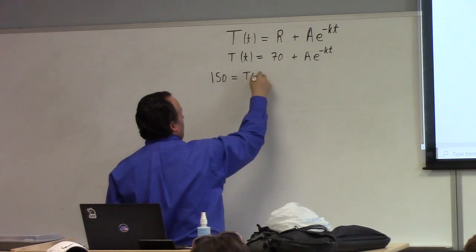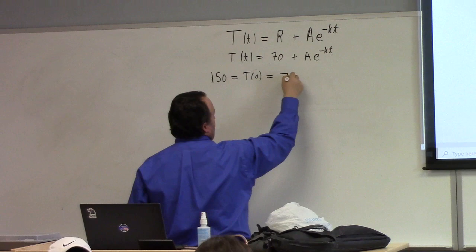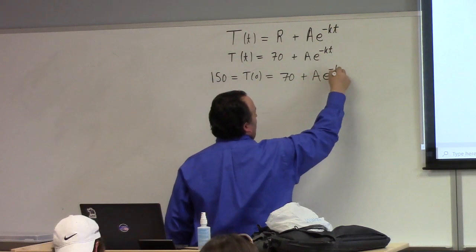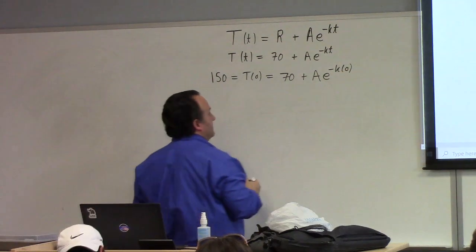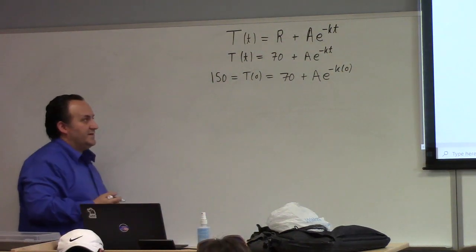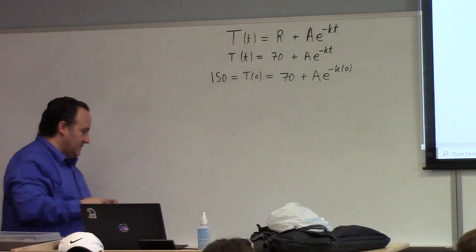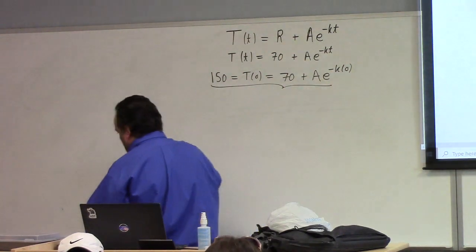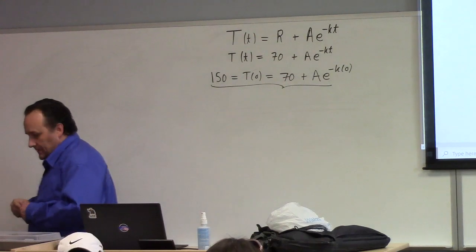So T of 0 equals 150, which is 70 plus a times e to the minus k times 0. So can you guys simplify that? Let's rewrite that equation. What is e to the 0?